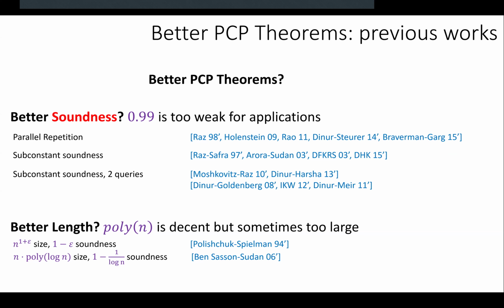But the soundness here is a bit worse. It's not even 1 minus epsilon, it's 1 minus 1 over log. So it tends to 1, but somewhat nicely, not trivially. And after that came a very, again, important work of Dinur that showed the same size, quasi-linear size, but soundness bounded away from 1.